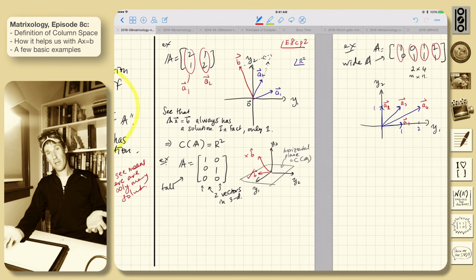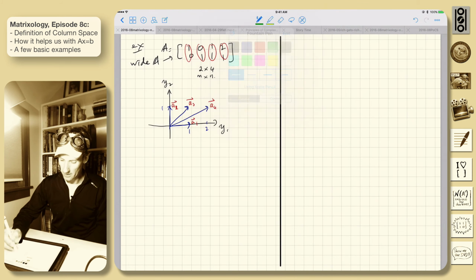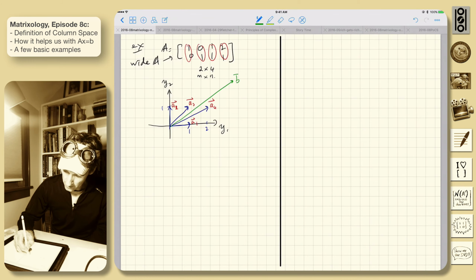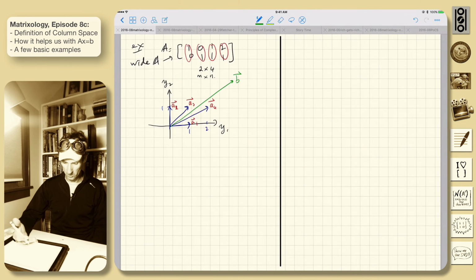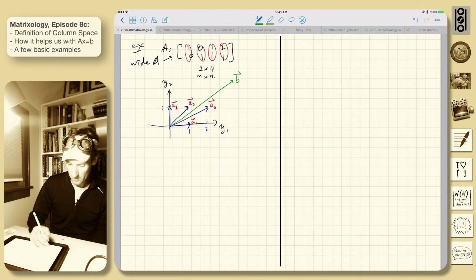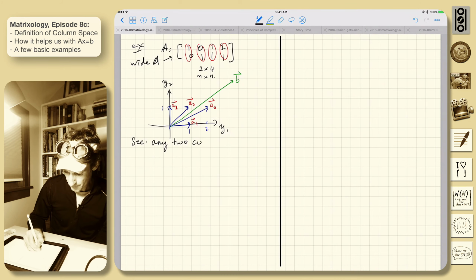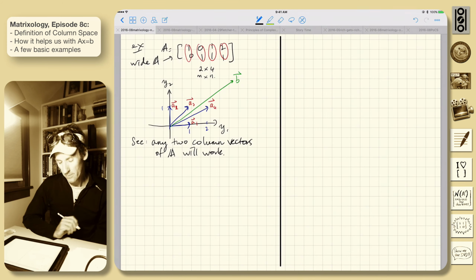Okay. So can we reach every B with some linear combination of these, right? So maybe B is here. It should be clear that that's okay, right? We only need the first two vectors. We could see any two column vectors of A will work.